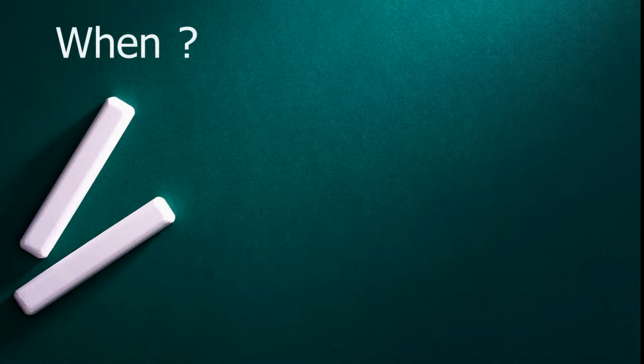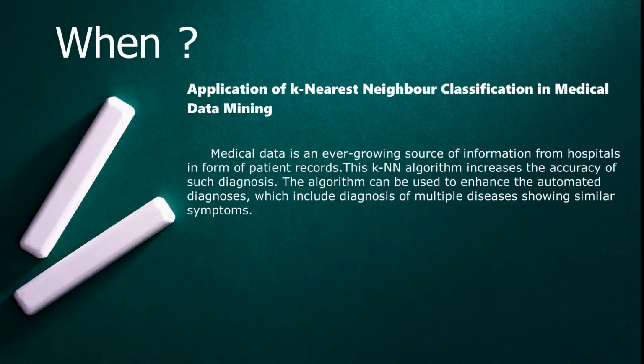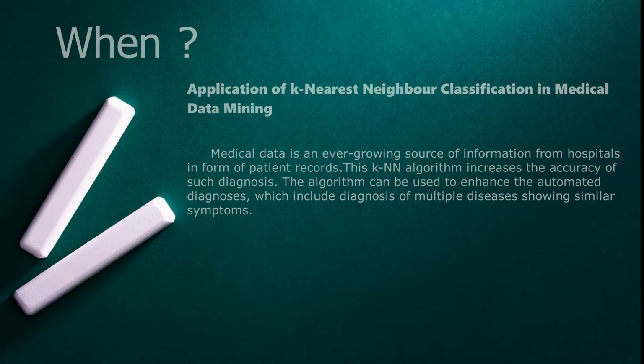And last, the k-nearest neighbor classifier can be applied in medical data mining. Medical data is an ever-growing source of information from hospitals in the form of patient records. This k-nearest neighbor algorithm increases the accuracy of such diagnosis. The algorithm can be used to enhance automated diagnosis, which includes diagnosing multiple diseases showing similar symptoms.